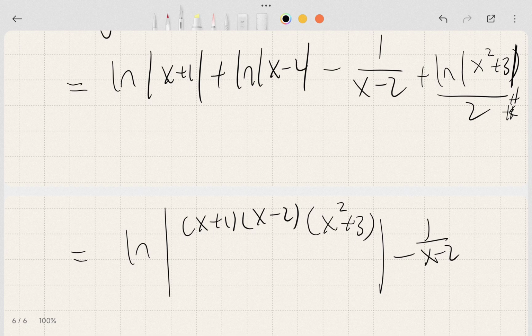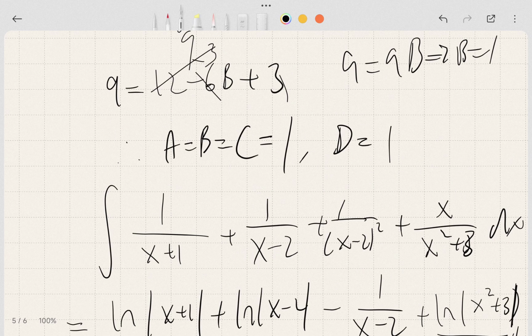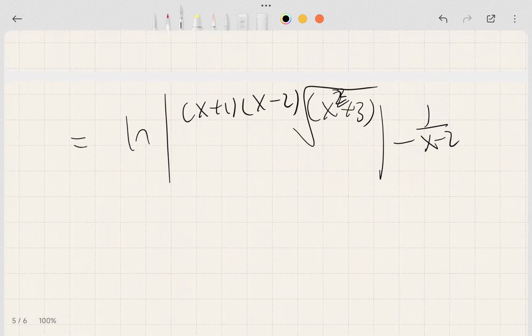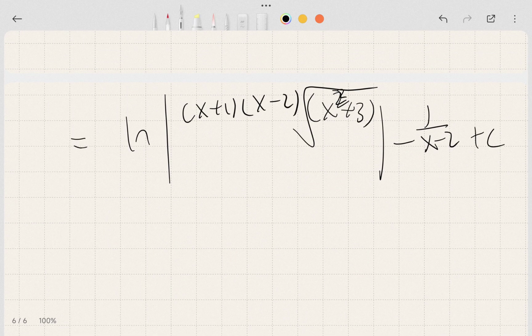Oh, okay. So half of that, so root, yeah. Okay. Because half of ln something means ln of square root of something. Okay. Plus c. I have to check the answers again.